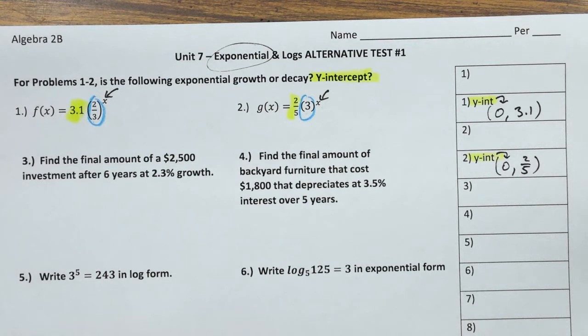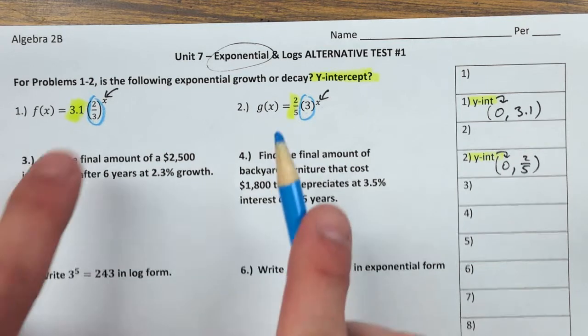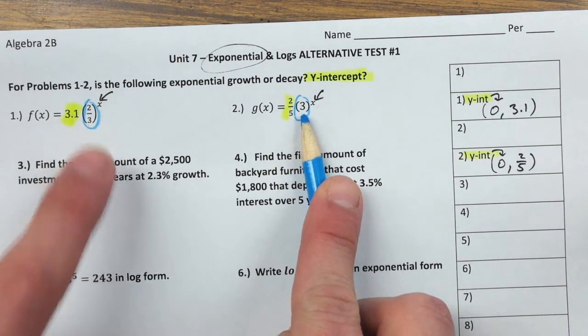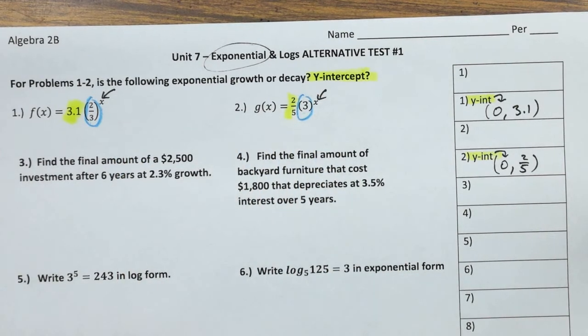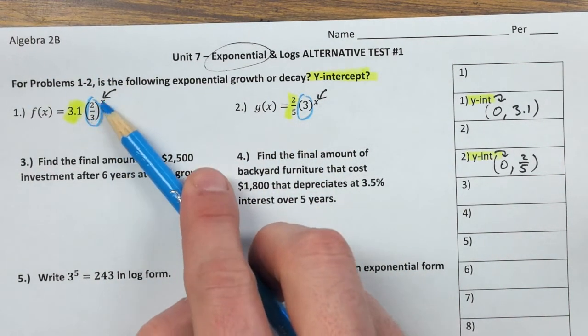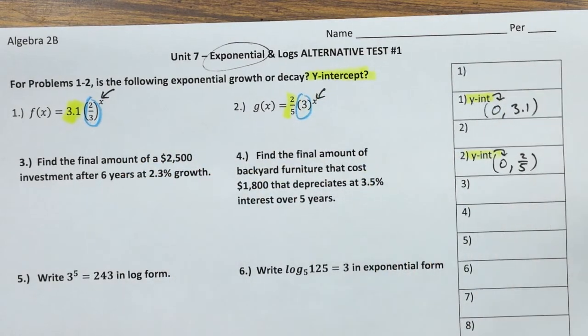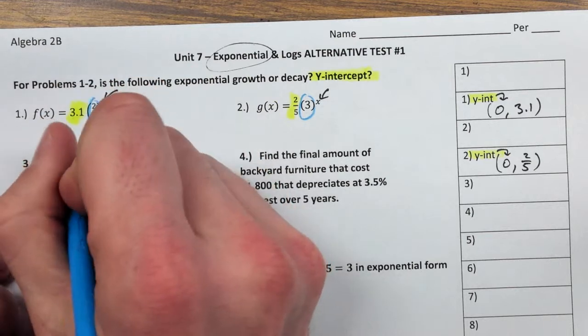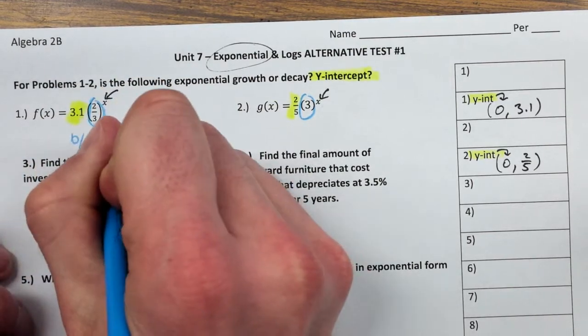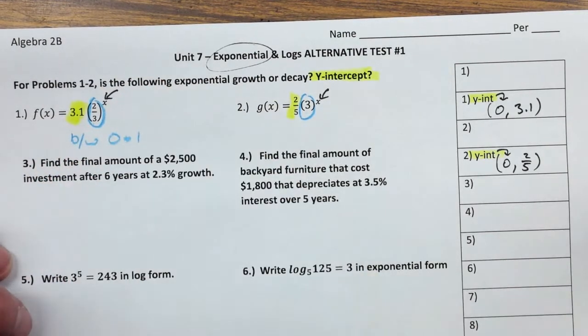Now, what about whether or not it's growth or decay? Growth or decay comes from the two numbers that I circled in blue inside the exponent of x. So the exponent of x, what's inside of it is 2/3, and inside of it is 3. Now notice how this number is between 0 and 1.